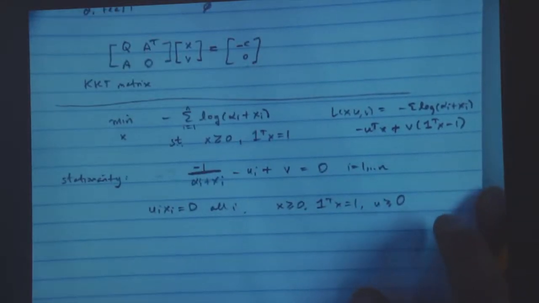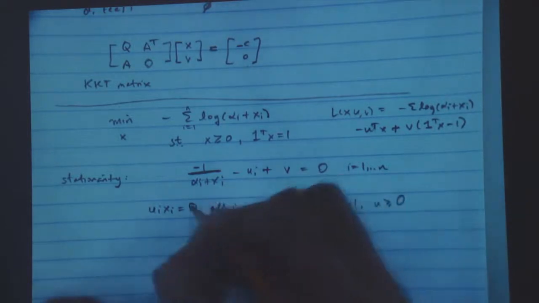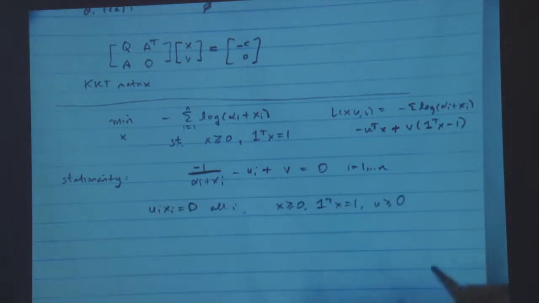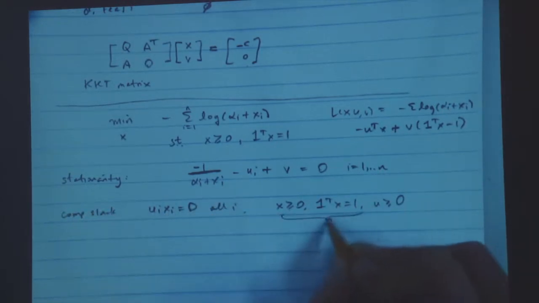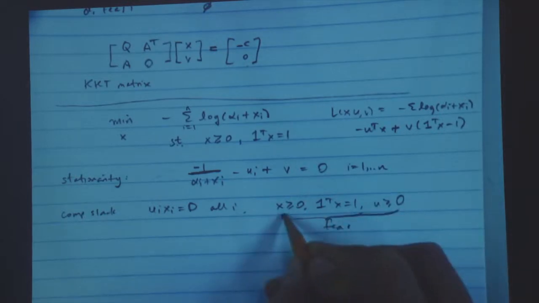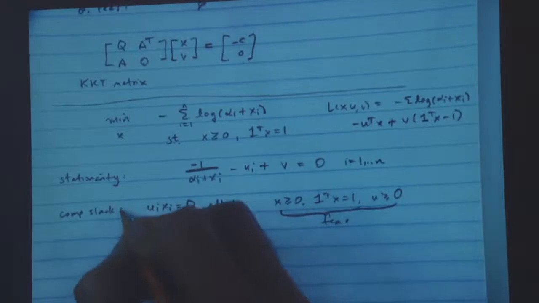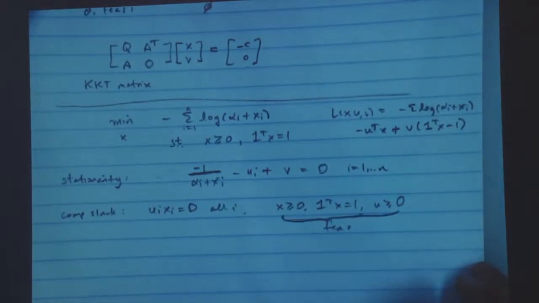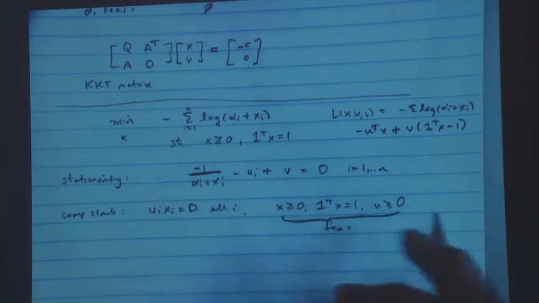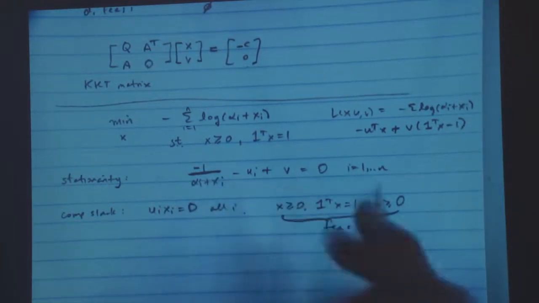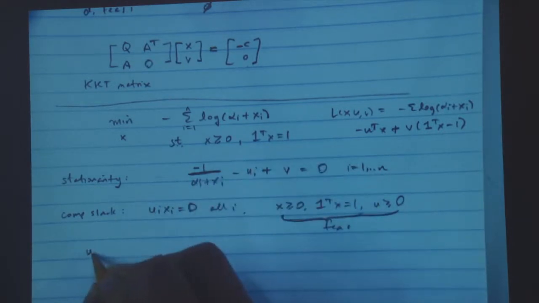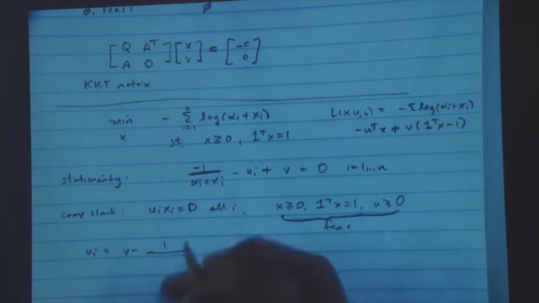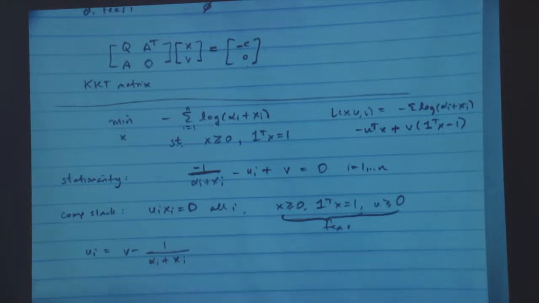So let's go ahead and first eliminate u from the KKT conditions. We can reduce them to an equivalent set of conditions, by solving for u here. Stationarity says that u_i must be equal to v minus 1 over alpha_i plus x_i.